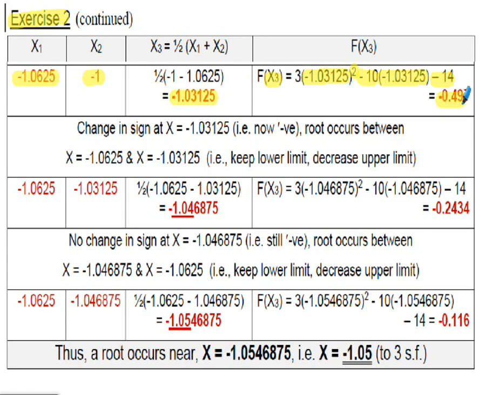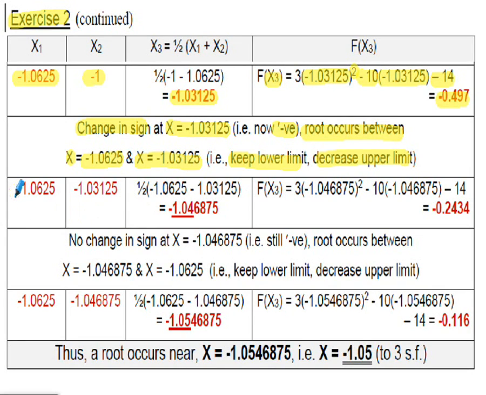That gives us a remainder of negative 0.497. We now have a change of sign at x equal to negative 1.03125. It's now negative. So now a root occurs between x equal to negative 1.0625 with a positive remainder and x equal to negative 1.03125 with the negative remainder.